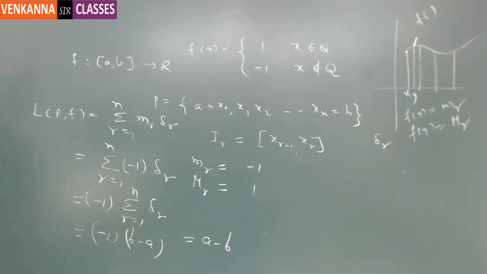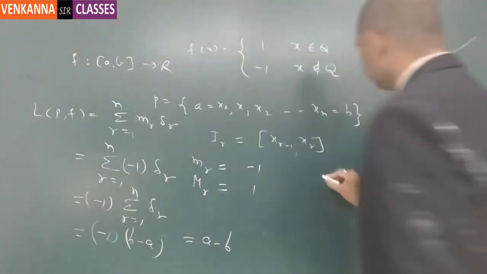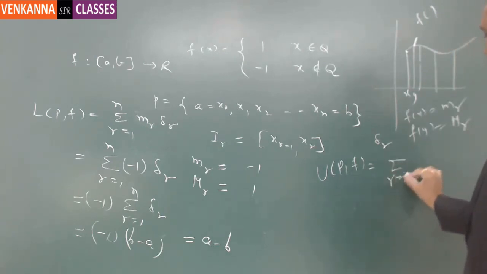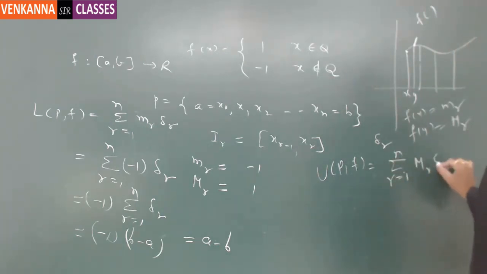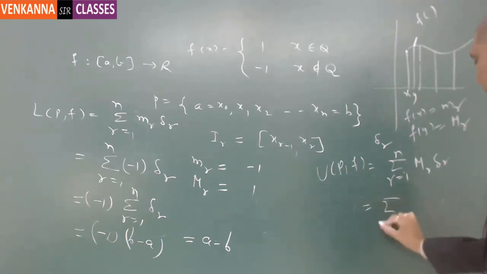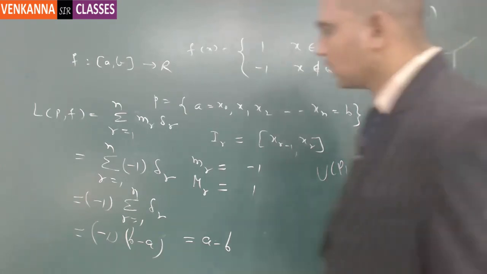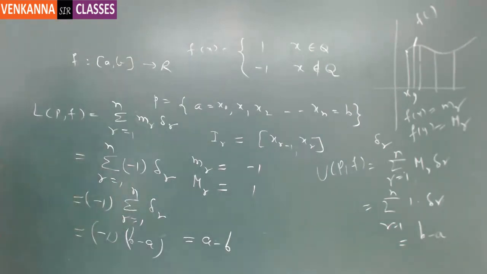So if you calculate the upper sum, U(P,f), whatever the partition you take, the infimum value gives L(P,f) as a minus b and U(P,f) as b minus a, the lower sum and the upper sum.